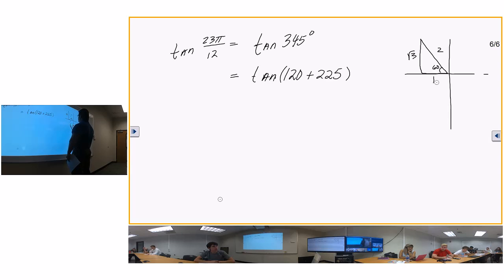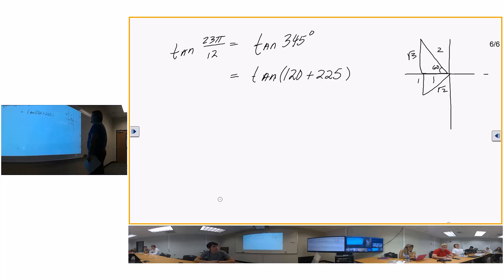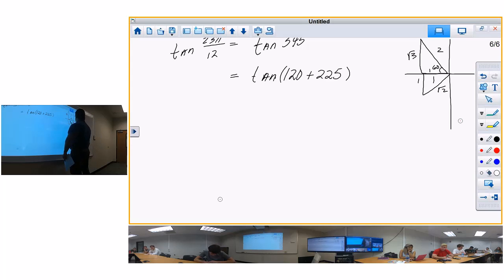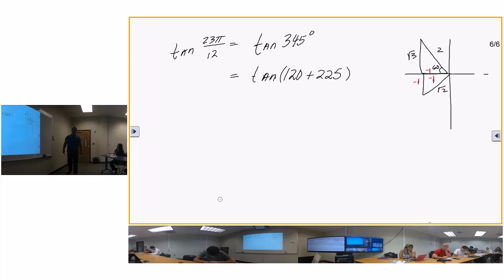Yeah, it's root 2 over 2. Here we go. 1, 1, square root of 2. But the 1 is negative here, so we'll make this a positive. We'll make this a negative 1. This is a negative 1, and this is a negative 1. This is a negative 1, and this is a positive 3. So it's going to make a difference.